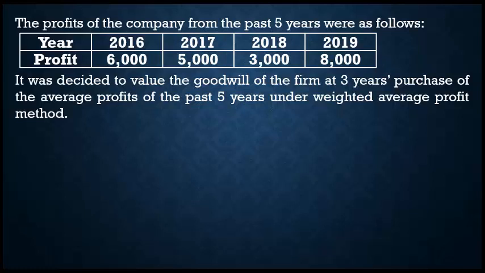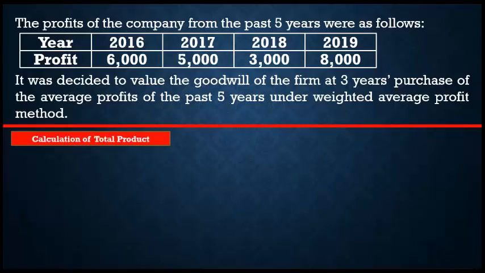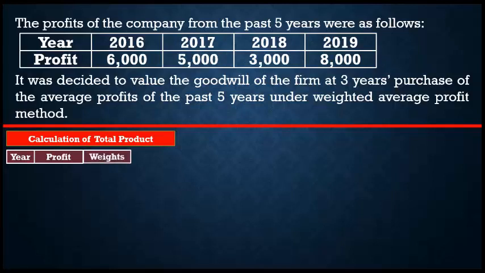Okay, now we start the problem. First, you have to calculate the total product. How to calculate the total product? Now you see the columns: year, profit, weights, product.